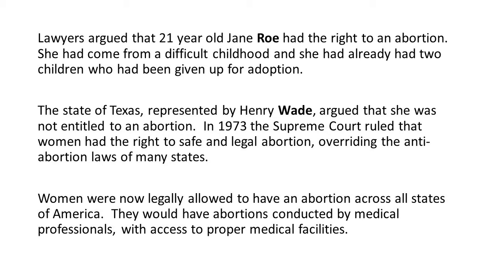And they rule that women have the right to safe and legal abortion, overriding the anti-abortion laws of many of the states. So the change that has now happened is women now legally are allowed to have an abortion across all states of America. They would now have abortions conducted by medical professionals with access to proper medical facilities.